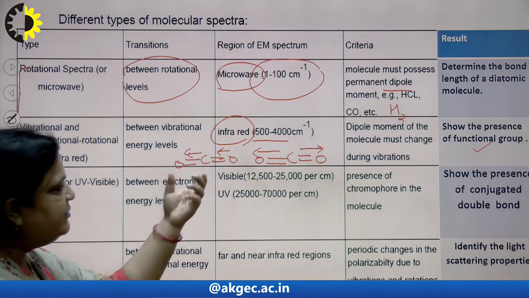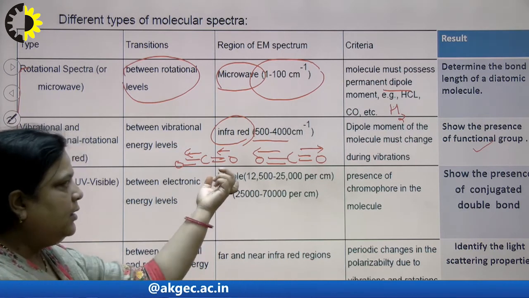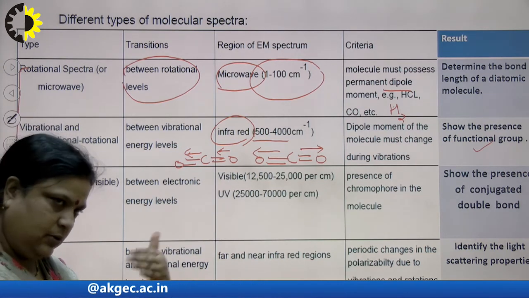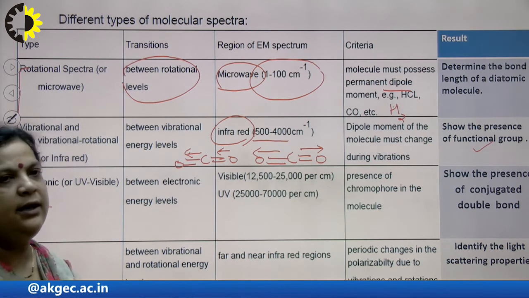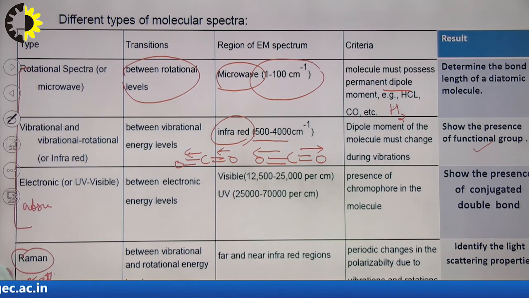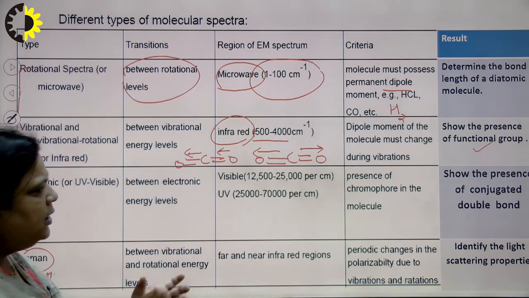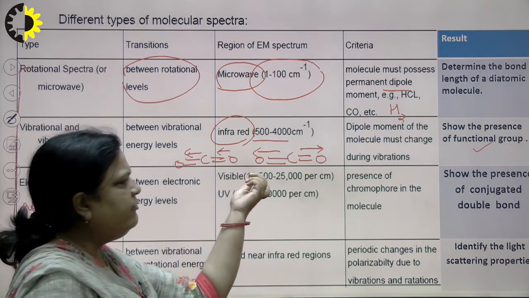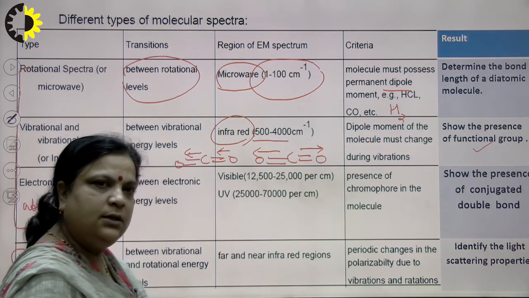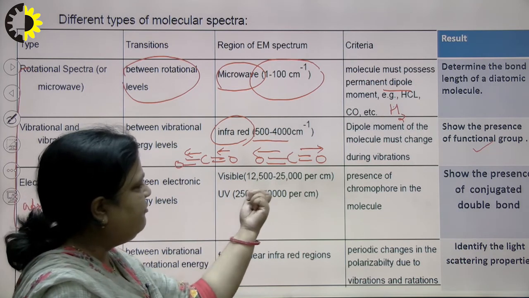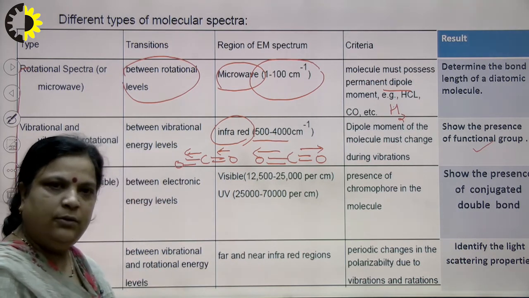The range is visible as well as UV. Visible, in wavelength, is about 3800 to 7800, that is about 8000 angstrom, or in frequency, 12500 to 35000 per centimeter and 25000 to 70000 centimeter inverse.